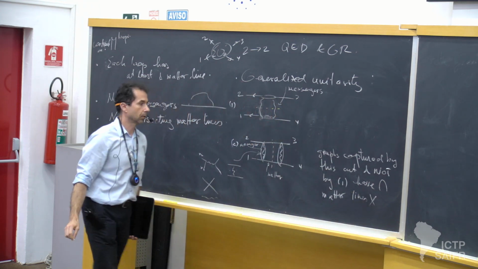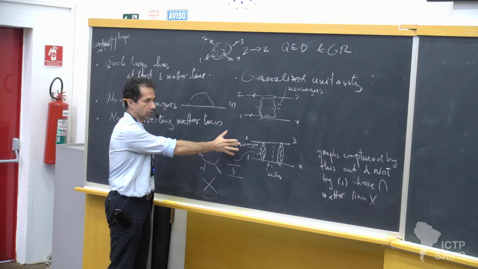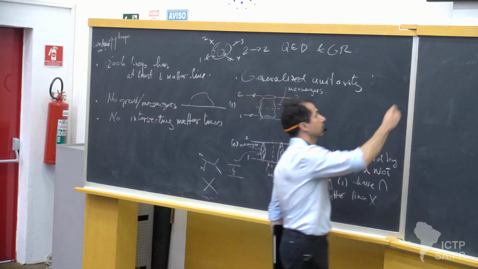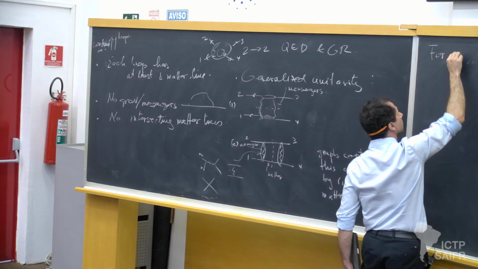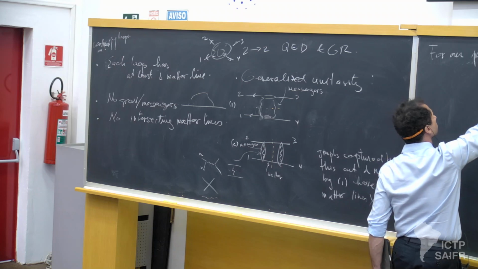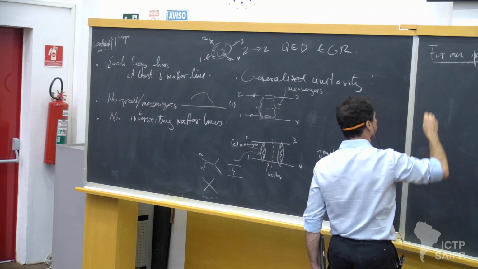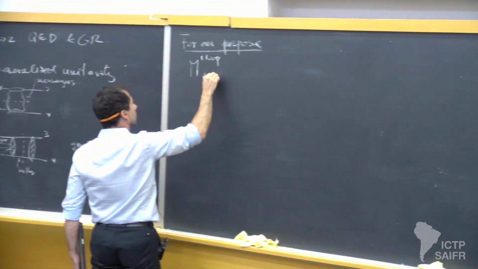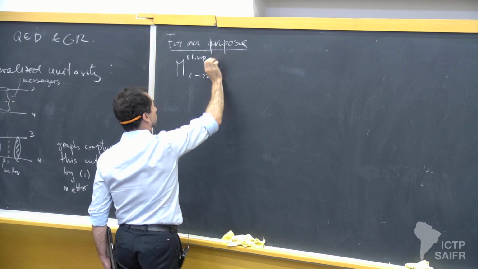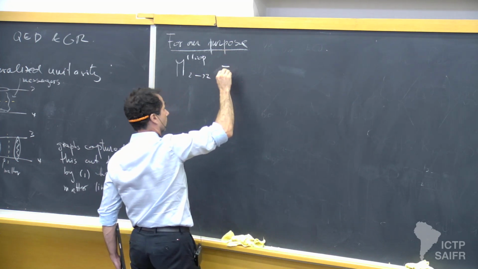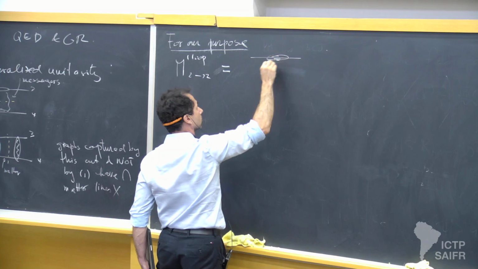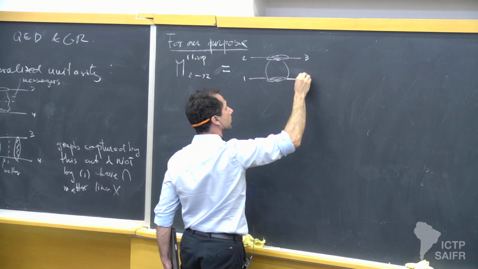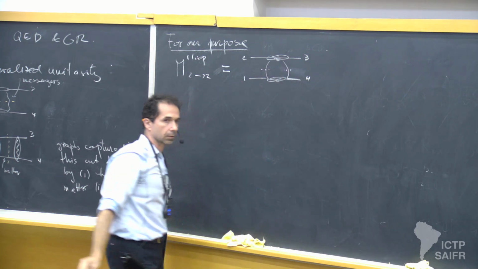Therefore, we don't care about them. Therefore, we can, for our purpose, ignore the second cut and declare that, and I emphasize that for our purpose, the amplitude that we care for, one loop 2 to 2, is in fact equal to this cut. And these lines are cut.